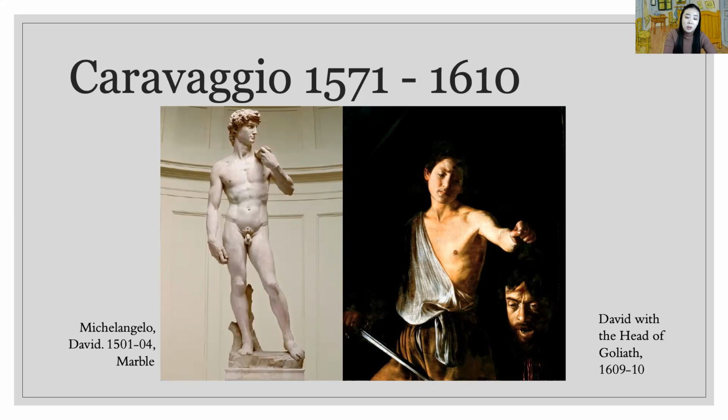Michelangelo's David is made as a hero, and he has an idealized body because he's a hero. On the other hand, Caravaggio's David doesn't have an ideal body, so he is just depicted as a normal human. And also, Caravaggio shows the moment David took Goliath's head with an unpleasant feeling. He just focused on the event.